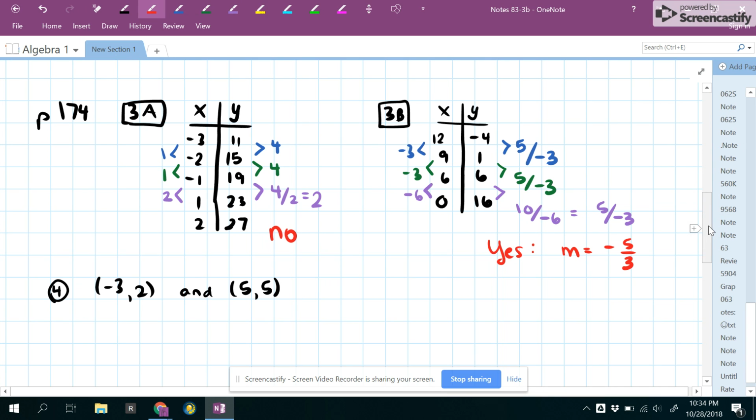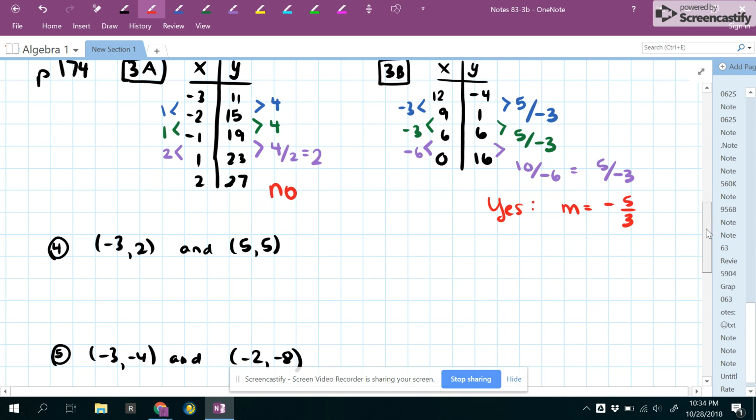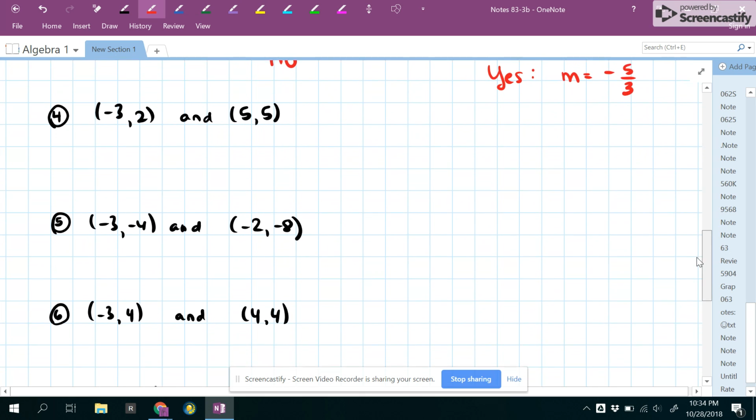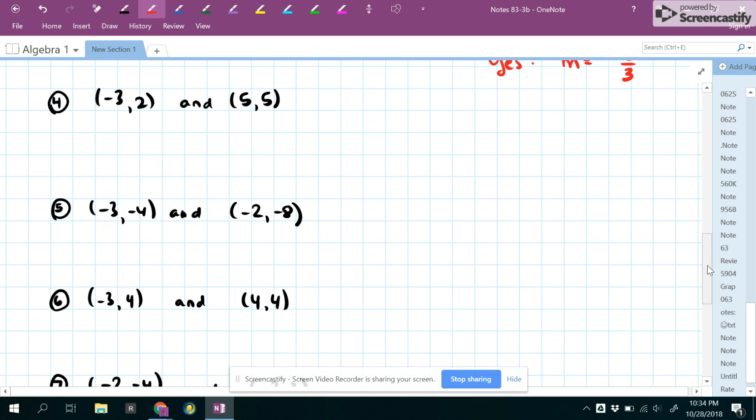Once you know something is linear, you can just go find the slope. So here are a collection of ordered pairs, x's and y's. If it makes you feel better to write them as a table, you may do so. So we could write this first one as -3, 2, and 5, 5, if that's easier for you to see.